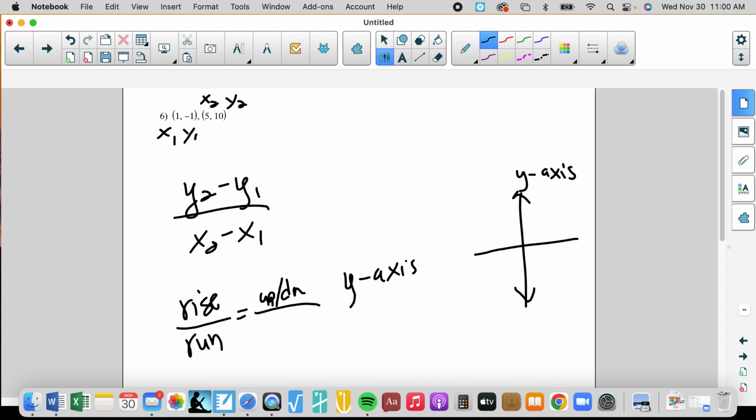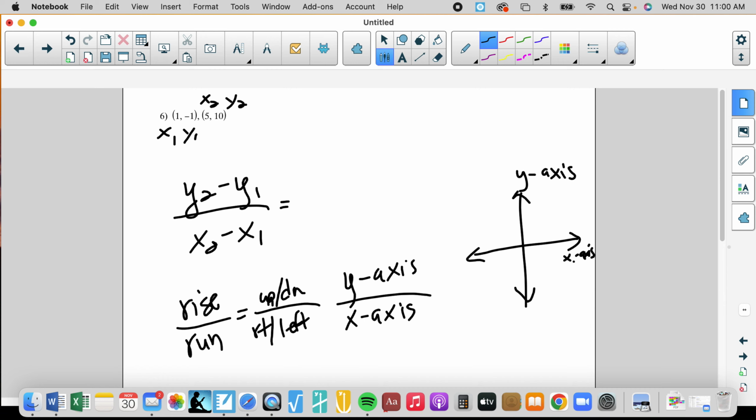Hence why you have the y's in the numerator here. Over the run, and run is right, left. That's the x-axis. When we go left and right, that's going to be the x-axis. That's why the y's are in the numerator, the x's are in the denominator.